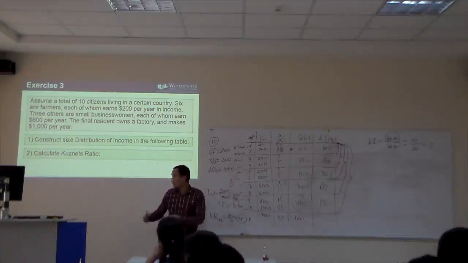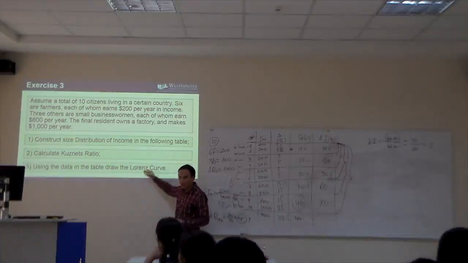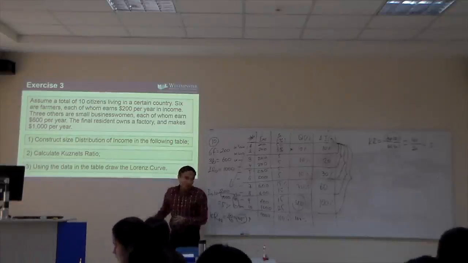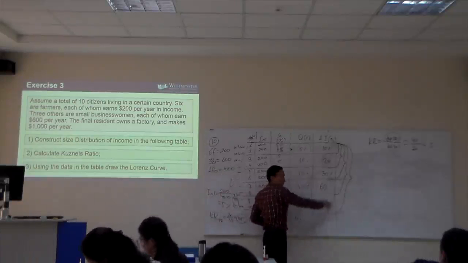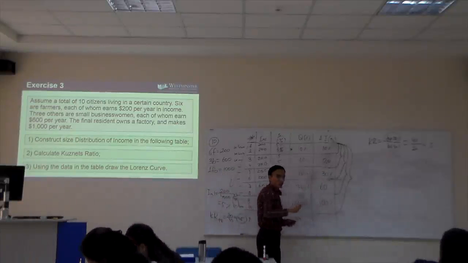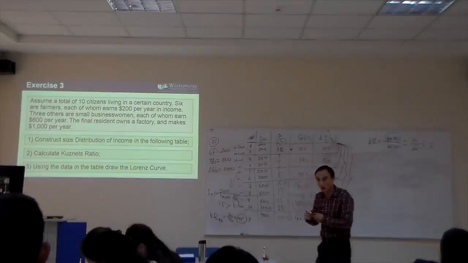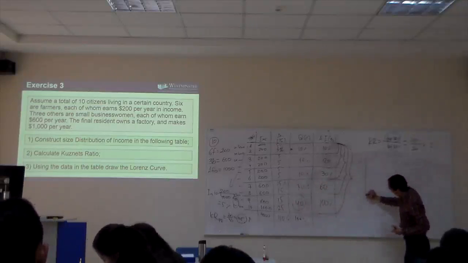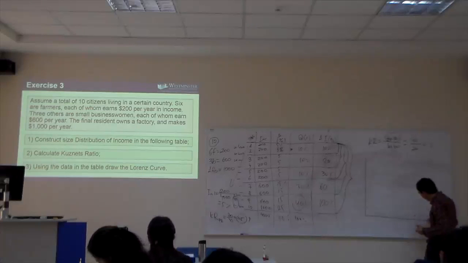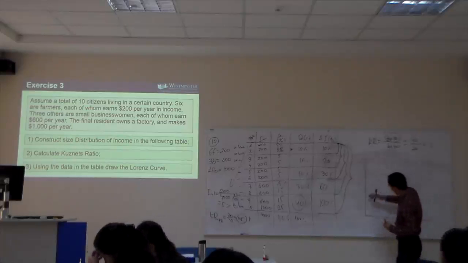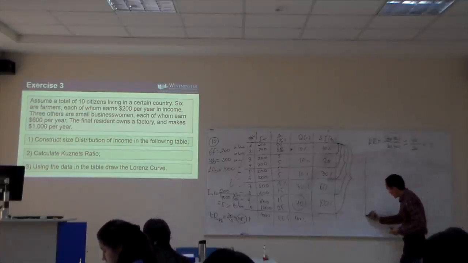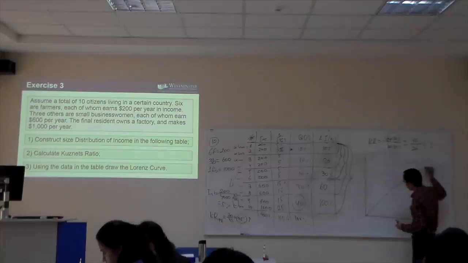Once we understood this, now we can do the third one. Now we have to draw the Lorenz curve, where we need this last column. How do we draw it? We have the vertical line and the horizontal line, and there is that 45-degree line, yes?